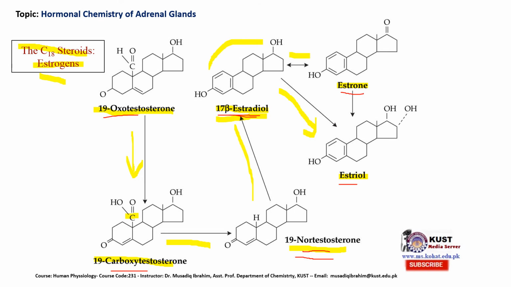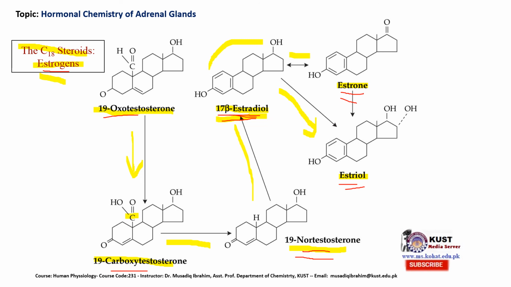So it means that there is a removal of one carbon atom during the enzymatic reaction, and these estriol, estrone and 17-beta estradiol are known as estrogens, and these are also the sex hormones which perform different activities related to sex behavior and sex characters.